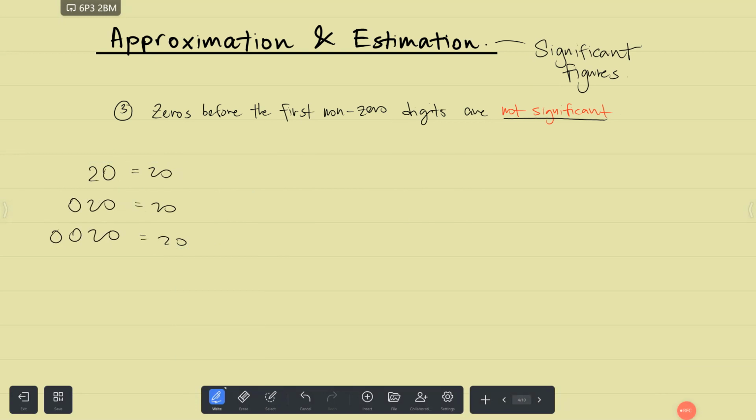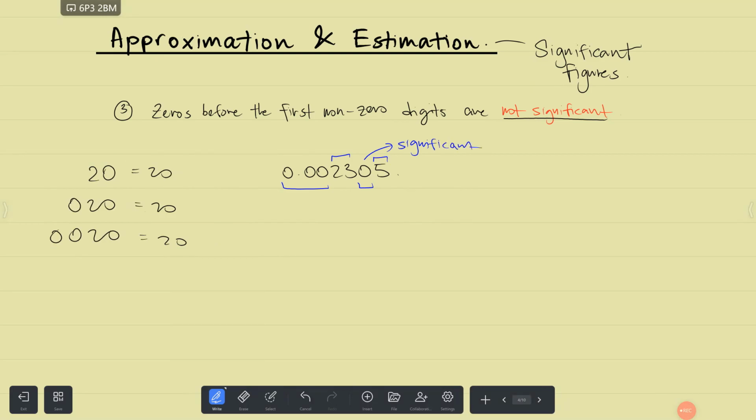But what is more important is that it's actually more than what it says here. For example, we have a number 0.002305. Here we have 2 different sets of zeros, over here and over here. We know for a fact that this 0 is significant because of our rule number 2, where it's between 2 non-zero digits.